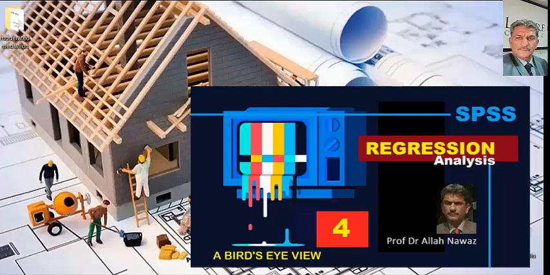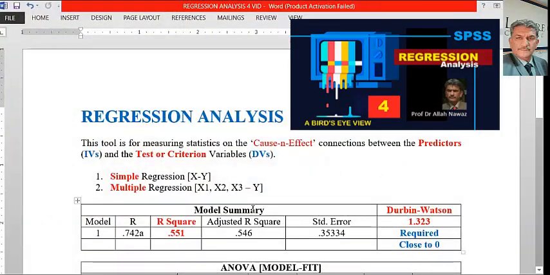Hello, Assalamu alaikum. Now we shall move forward from the correlation analysis to the regression analysis. In correlation analysis, our last video, we confirmed whether there is a significant relationship between all the predictors and the dependent variable.